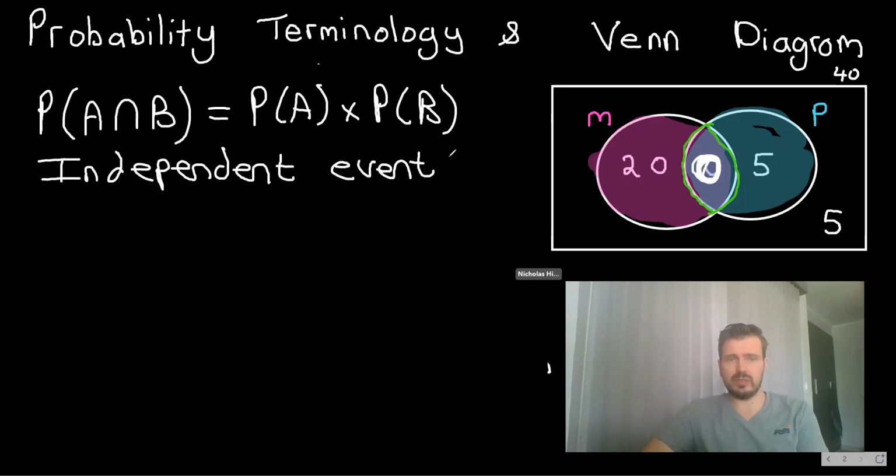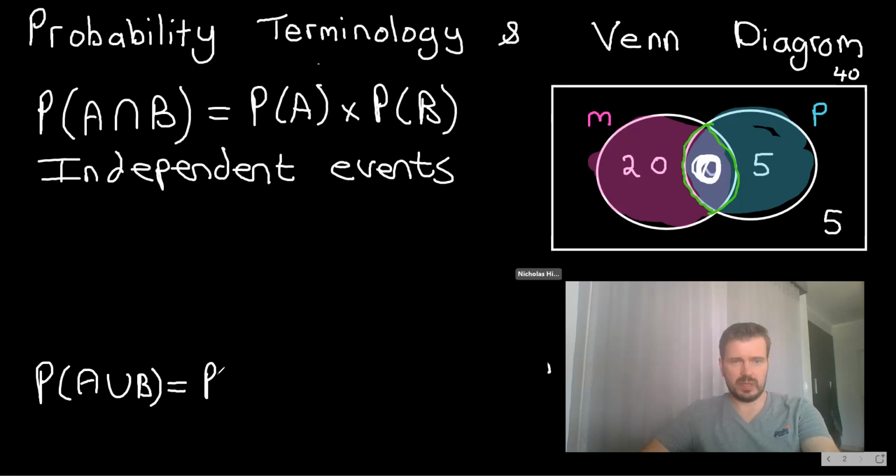Now, a lot of students actually get away with not understanding this, because we've got the one rule that says P(A or B) equals P(A) plus P(B). Remember this rule we just did, minus P(A and B).